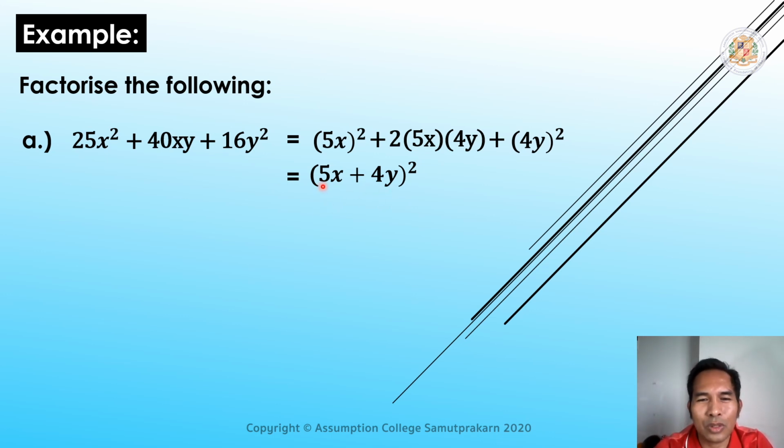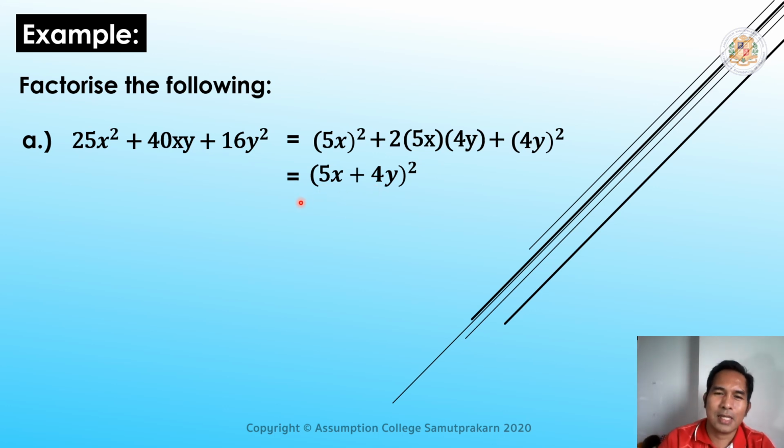The factor means we have a square because the factor is the quantity 5x plus 4y times the quantity 5x plus 4y, the same. That means these two terms multiply again by the same two terms, because they are squared. For example, 5 squared is just 5 times 5. So that means this quantity squared means we have two terms of the same, like this one: 5x plus 4y times the quantity 5x plus 4y.